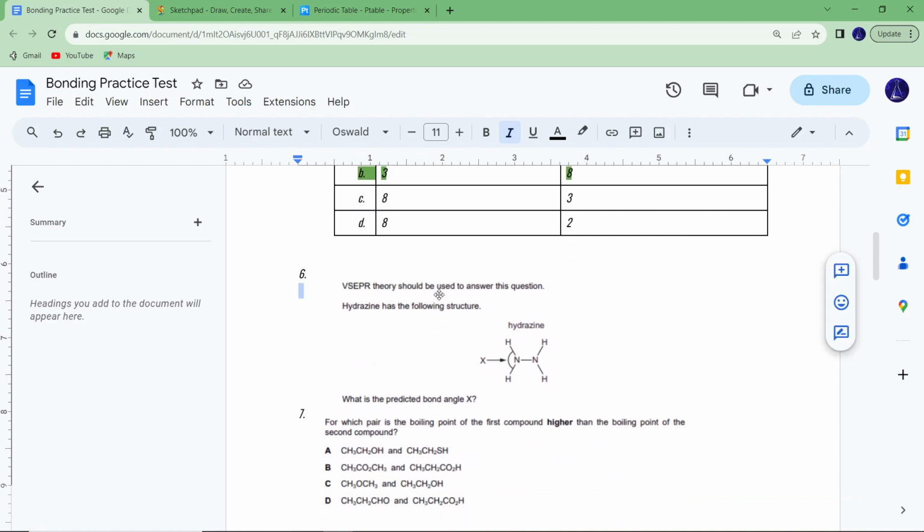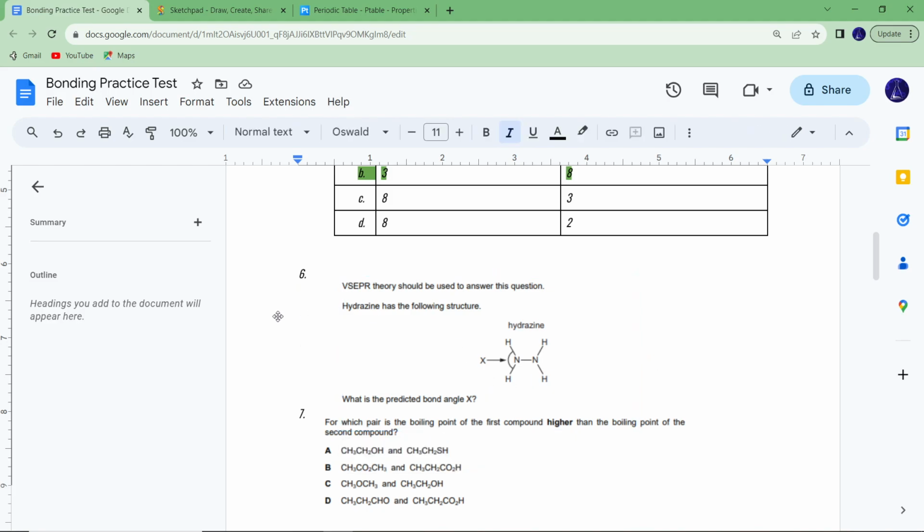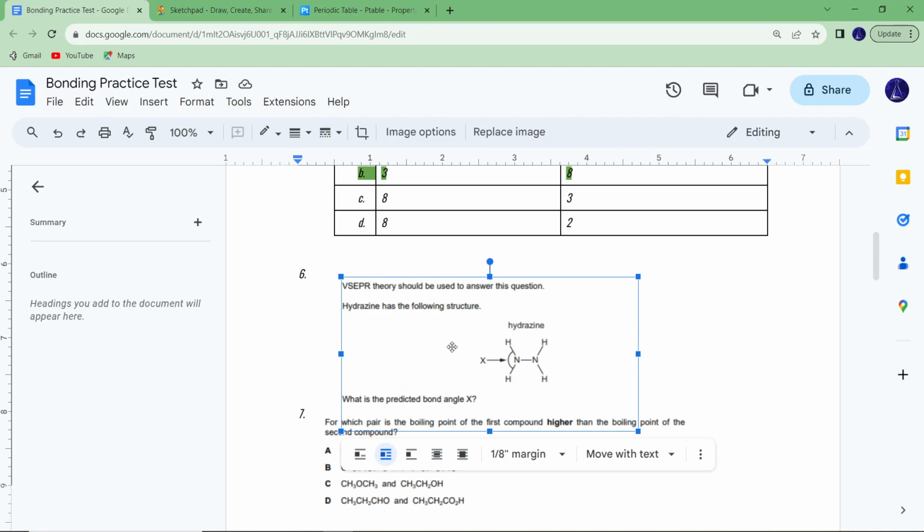Number 6 is use VSEPR theory to help us answer this question. This is one of these questions that we're probably going to get something similar to it, that they like to ask. We're going to take a look at this nitrogen and ask, is there anything going on here that I don't see?